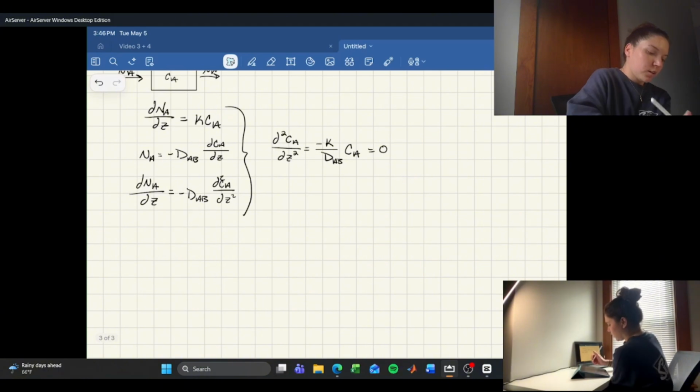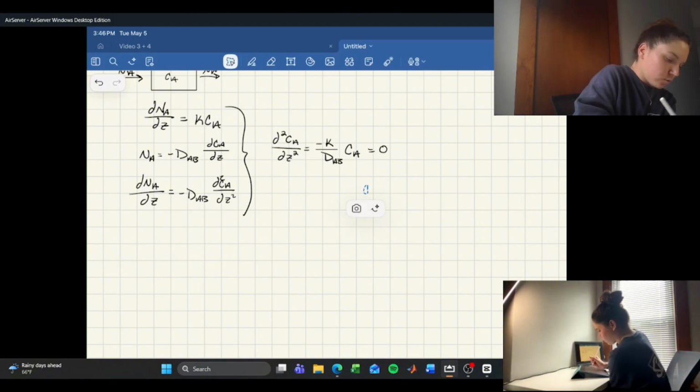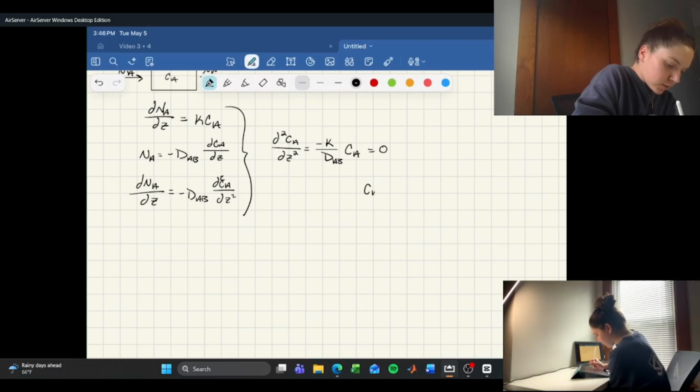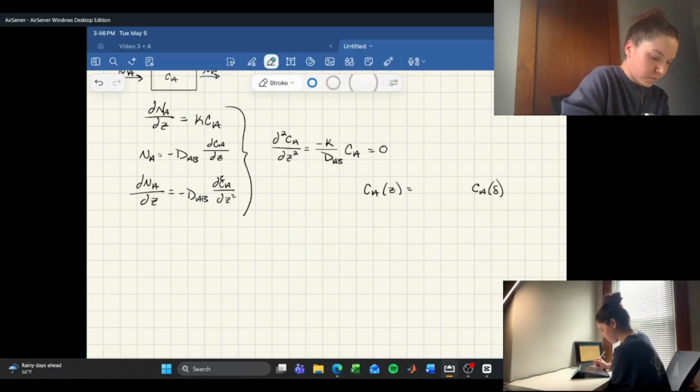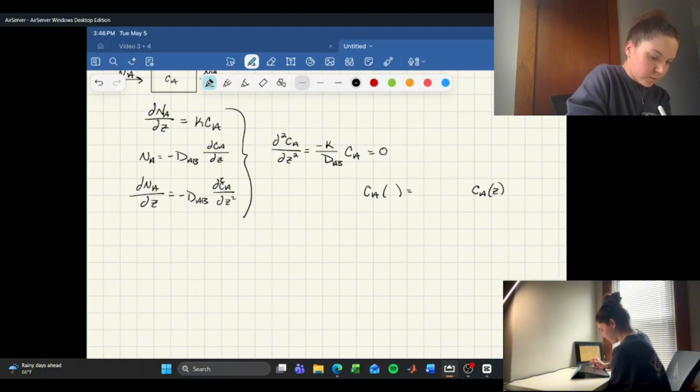And now we want to evaluate it at the boundary conditions. The concentration of A at Z equal to delta, and the concentration of A at 0 is going to be the concentration of A at the interface, C_Ai.